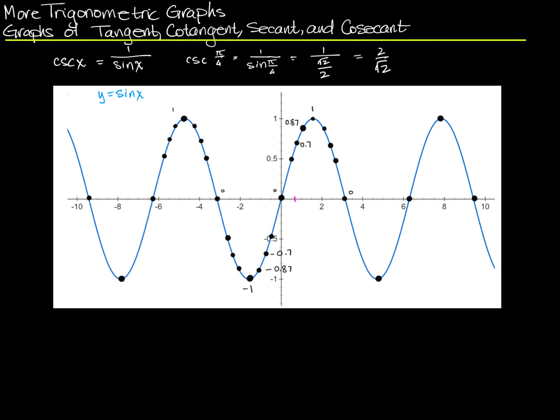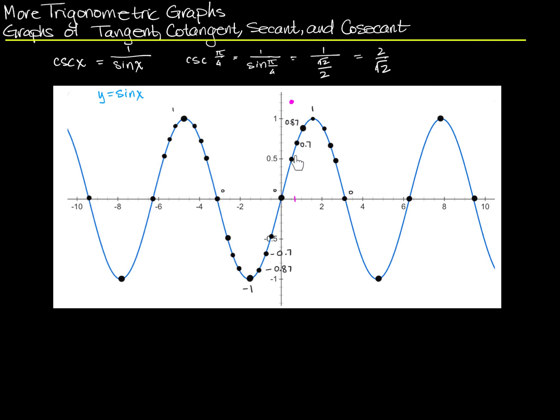So where the sine is 0.7, the cosecant is going to be 1.4. So I'll put that in, it's about there. I'm trying to line it up with the right value in the x direction as well. I need to move that over just a little bit. There we go.